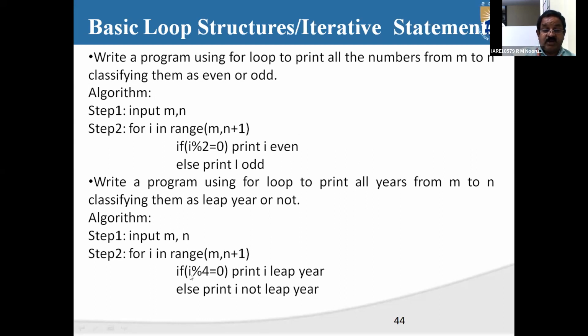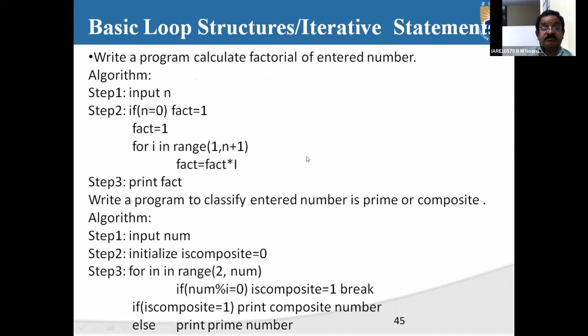Whatever year is divided by 4 and gives the remainder 0, those years will be leap years and the rest of the years are non-leap years. 2000 is a leap year, 2004 is a leap year, 2008 is a leap year, and so on and so forth. The rest of the years will be non-leap years. It's also going to start within that particular range and end with n plus 1, right?